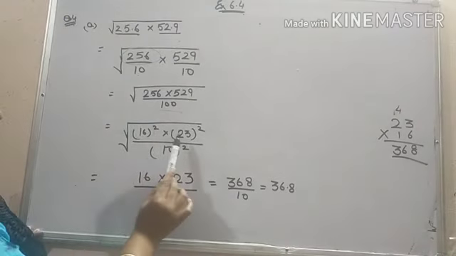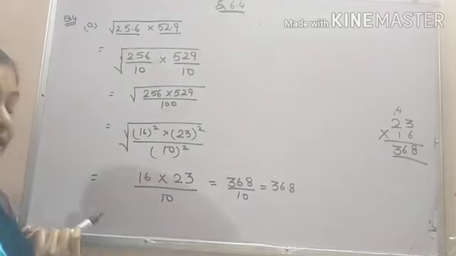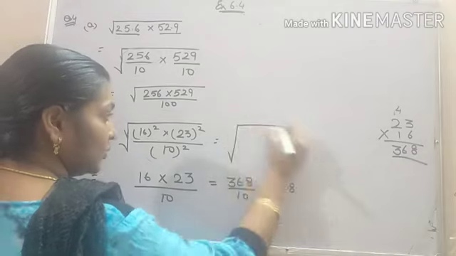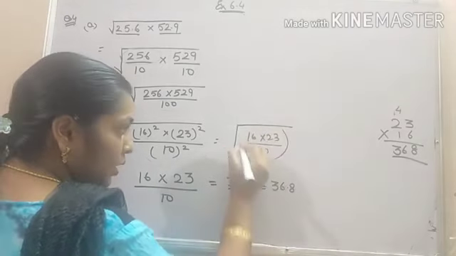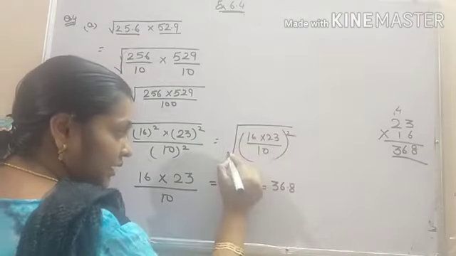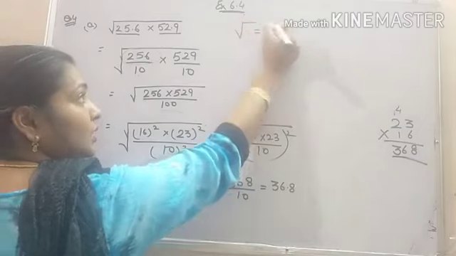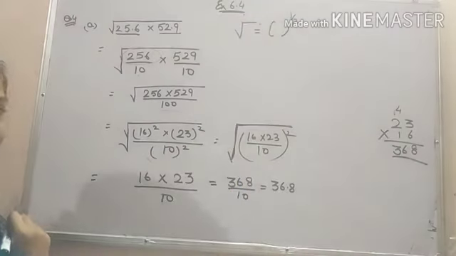Now I multiply 16 and 23 because the square root sign will be cancelled by the square. In the next step you can write it like this also, 16 into 23 upon 10 whole square. And I must tell you that this under the root is equal to bracket whole raised to the power 1 by 2.